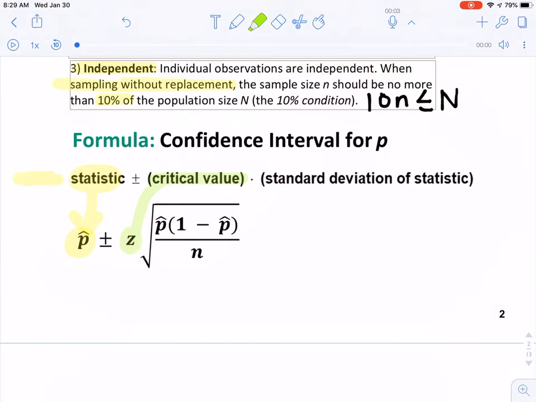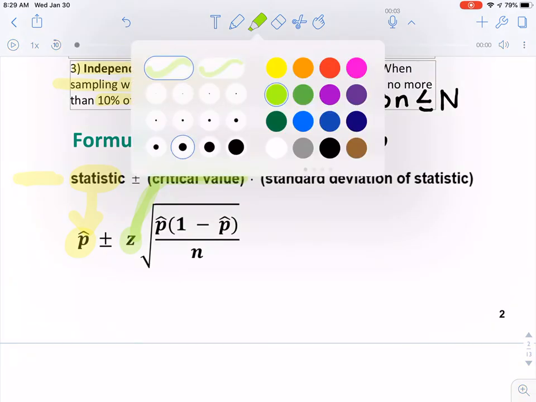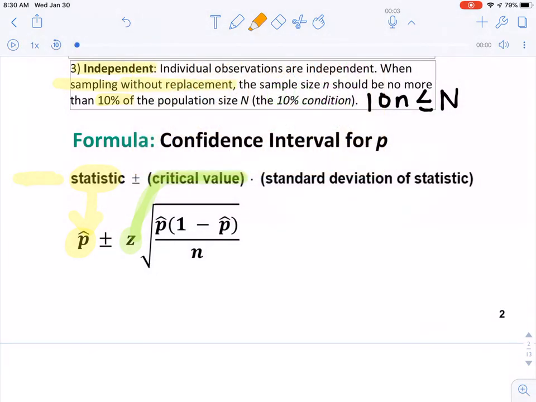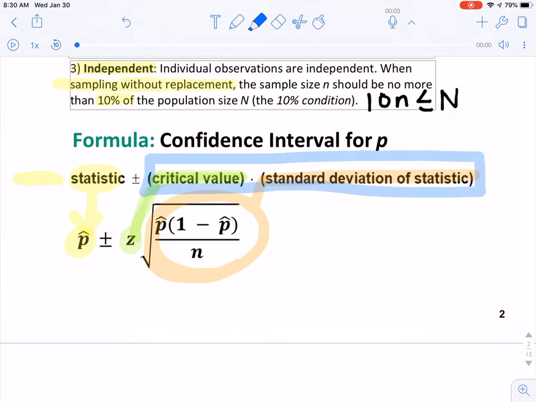Those are the critical value, and those are tied to whatever our confidence level is going to be. And then lastly, the standard deviation of the statistic, if we're dealing with proportions, is actually on the formula sheet. This is what we would use for the standard deviation, and these two pieces combined together make up the margin of error, essentially.